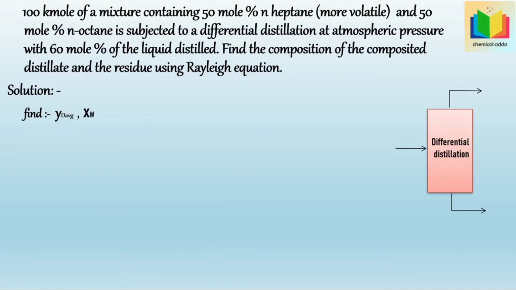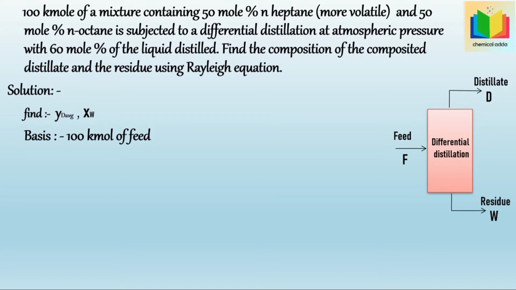Now, we have given that the feed contains 50 mole% of n-heptane and 50 mole% octane. Hence, let's take the basis as 100 kilomole of feed. Now, let F, D, and W be the feed, distillate, and residue respectively.